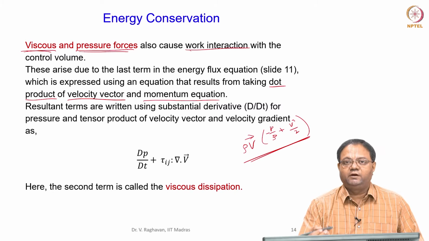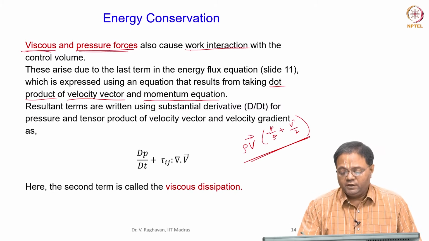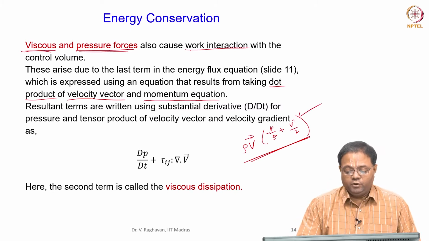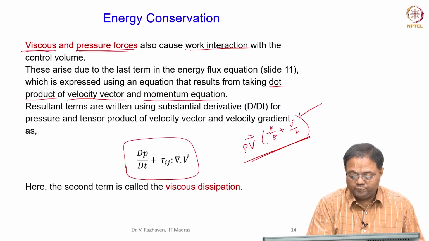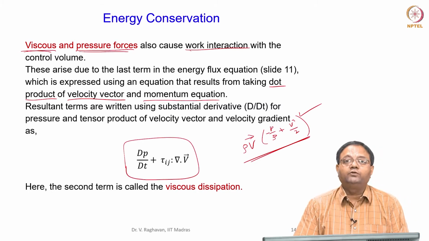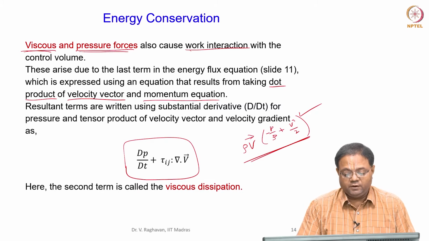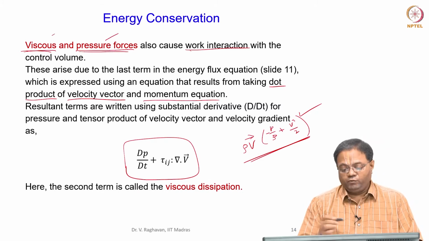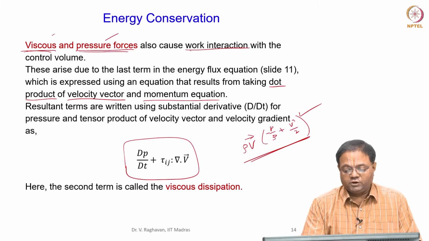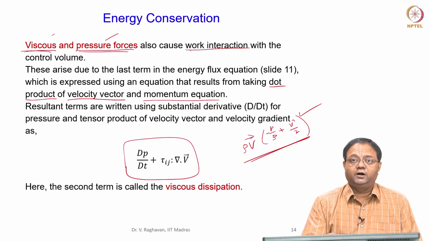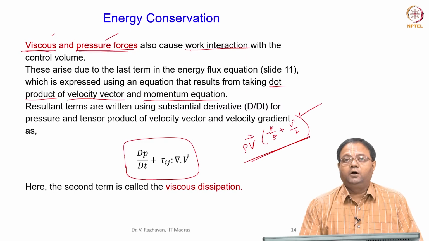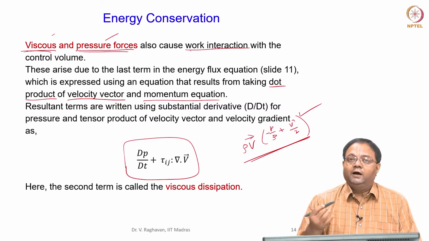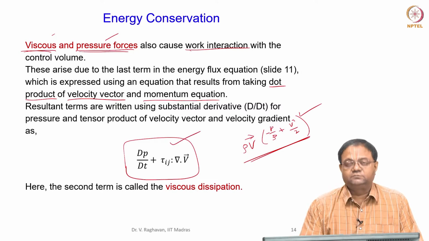the derivation is not given here, I am just explaining that due to this term you get the forces due to pressure and viscosity. Body force is already taken into account. So work done due to pressure and the kinetic energy is derived like this.